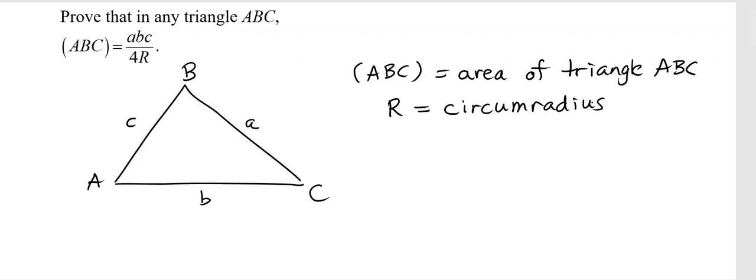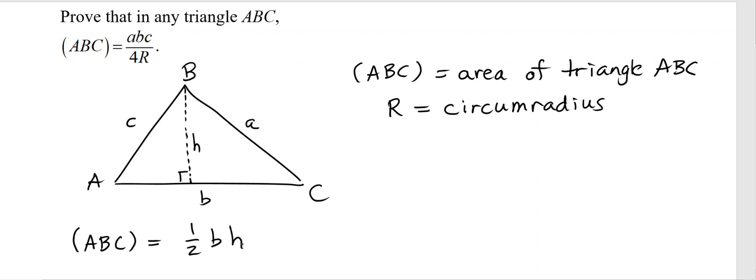Okay, in order to prove this particular area formula for the triangle, I'm going to begin by drawing an altitude and using the standard textbook definition of area, or standard area formula. I'll call that altitude h, and we'll say the area of ABC is equal to 1/2 bh, so 1/2 base times height.